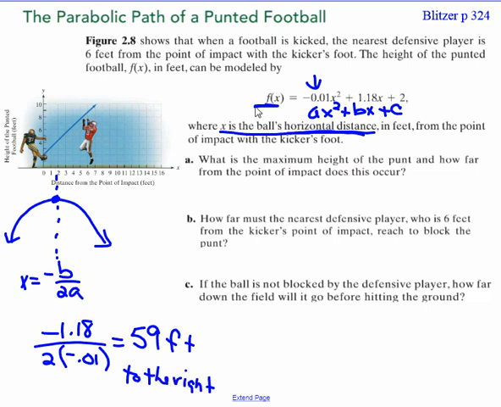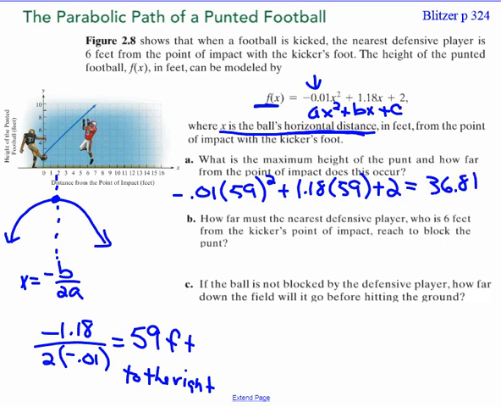And how high it gets, to find that, I'm going to put my 59 in for x and find my y. And again, if you use your calculator, you can do that, and you would get an answer of 36.81. So it'll be approximately 36.81 feet high at its highest point.